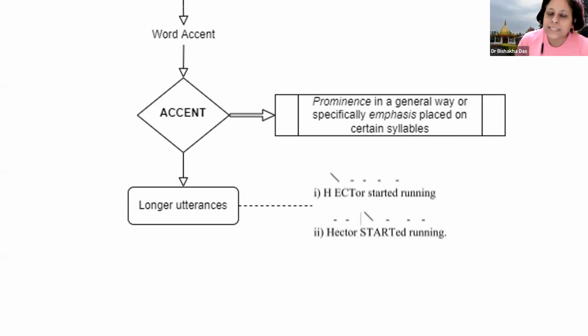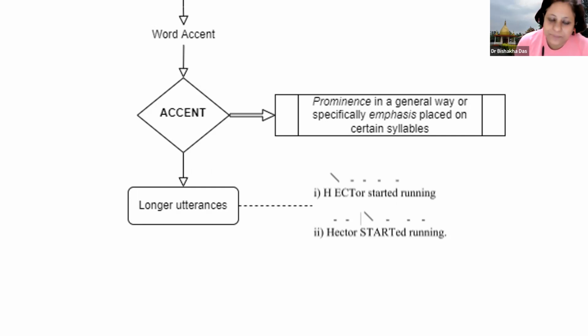Now, another thing about accent is that the term accent is also used to refer to relative prominence within longer utterances. English is a noteworthy example. We see in English that a stressed syllable can be further accentuated relative to other stressed syllables.